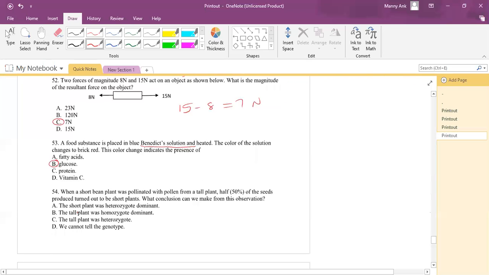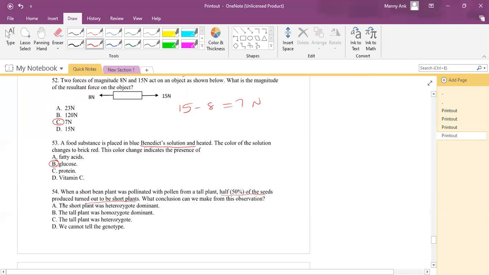54. When a short bean plant is pollinated with pollen from a tall plant, half of the seeds turn out to be short, 50% short. So what conclusion can we make from this observation?